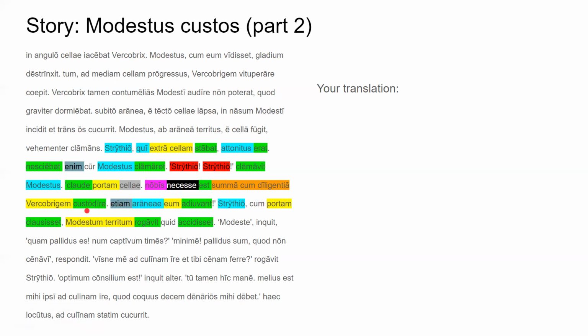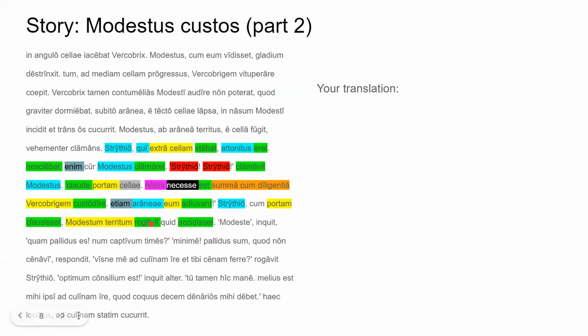Strithio cum portam clausisset a Modesto territo rogavit quid accidisset. So Strithio, when he had closed the door, that's a temporal cum clause with a subjunctive pluperfect, asked Modestus, the terrified Modestus, what had happened.